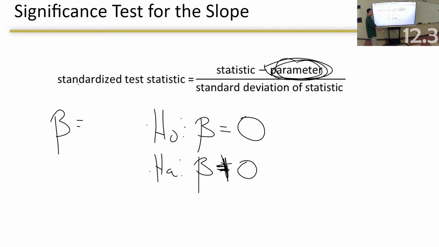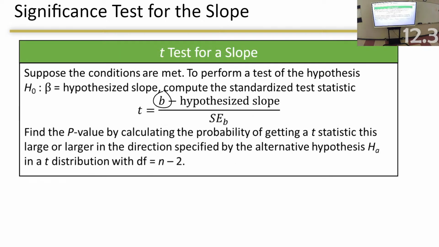That's the parameter, the population. The statistic's going to come from the sample. And then the standard deviation of the statistic is SE sub B, which they give you in the computerized printout. Remember N minus 2 for DF when you're turning it into the p-value.